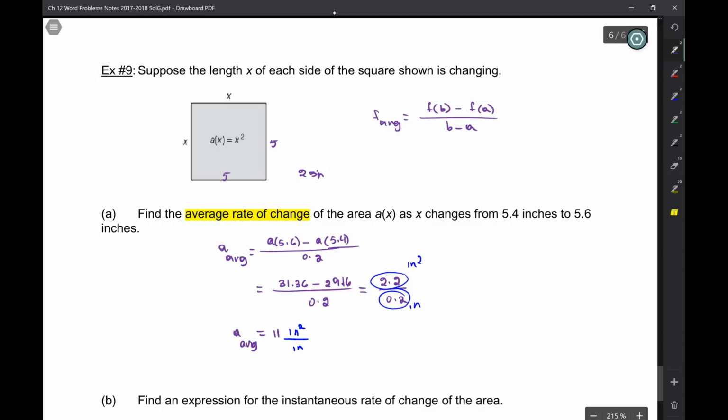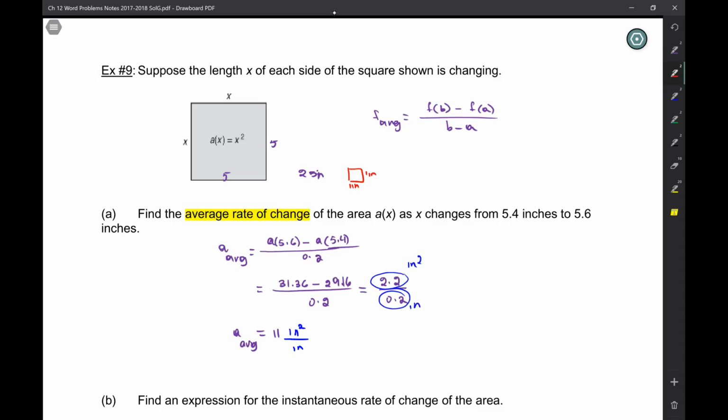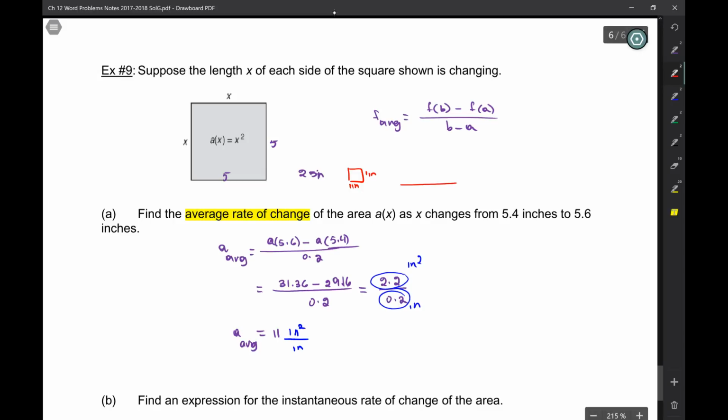What does that mean? That means if I had these tiny little tiles, 1 inch by 1 inch, how many of those would I need to fill that? 25 of them, right? That's what square inches means. And what is just inches? That's just a length, right?